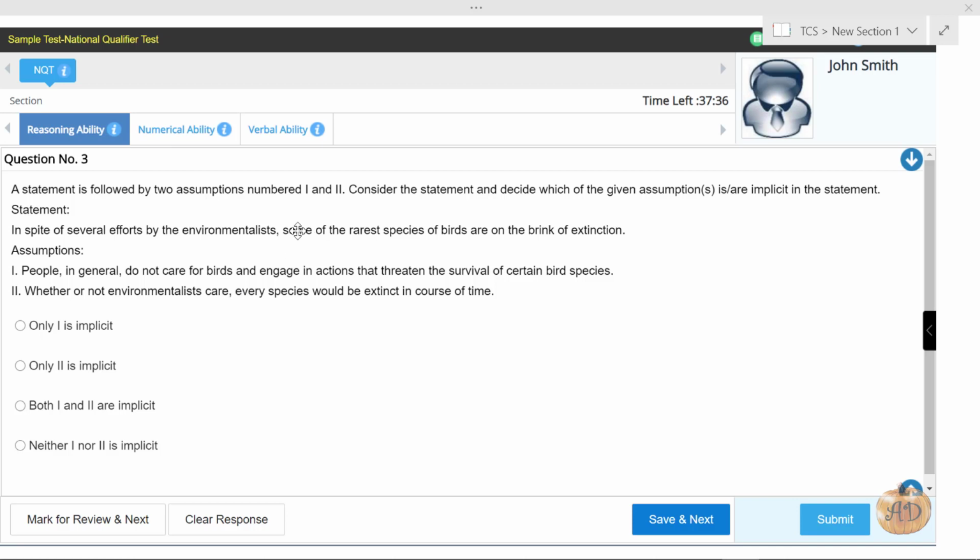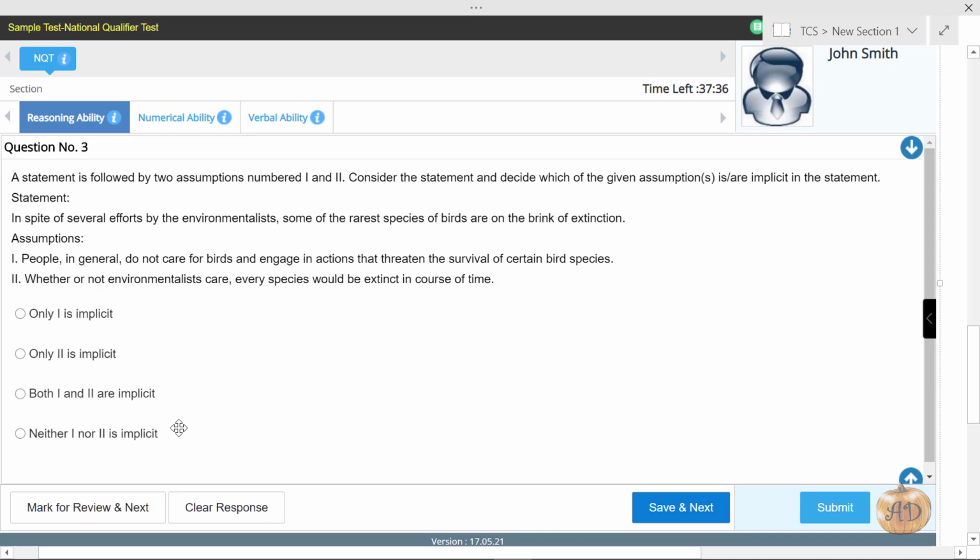So here it's saying of rarest species and here it's saying of every species. So assumption second is also false. So the correct option would be neither 1 nor 2 is implicit. So this is the correct option. Hope you got my point.